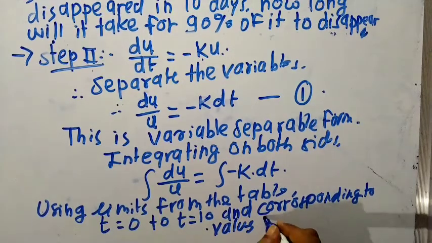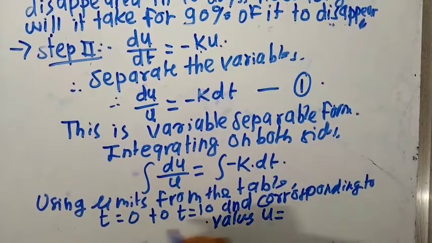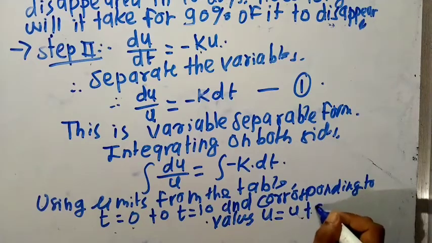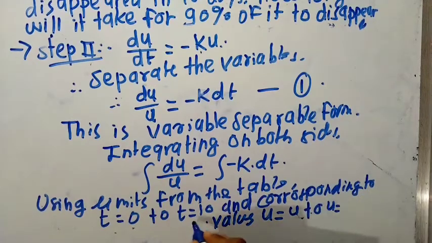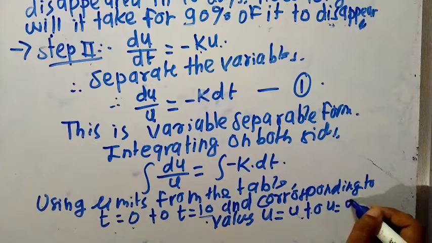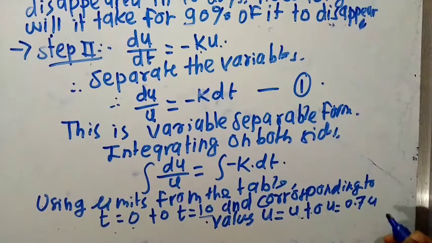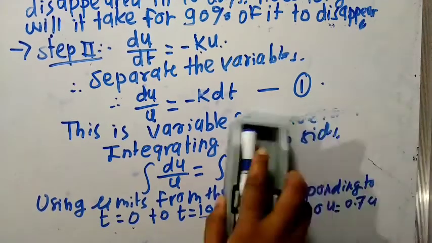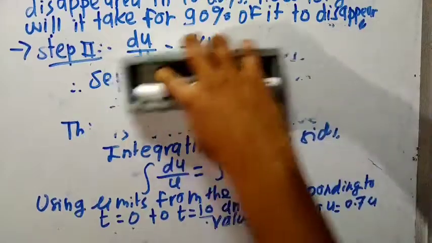Which values are considered: when t is equal to 0, u is equal to u; when t is 10 days, we found 0.7 u. So taking this limit is the third step.